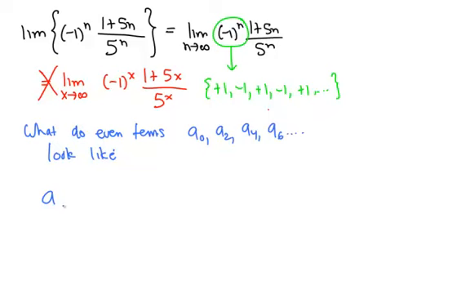Well, the formula for these terms A sub n, where n is an even number, is minus 1 to the nth power times 1 plus 5n over 5 to the nth power. But if n is an even number, then minus 1 to an even power is always just going to be 1. And so effectively, for the even terms, the sequence just looks like 1 plus 5n over 5 to the n.